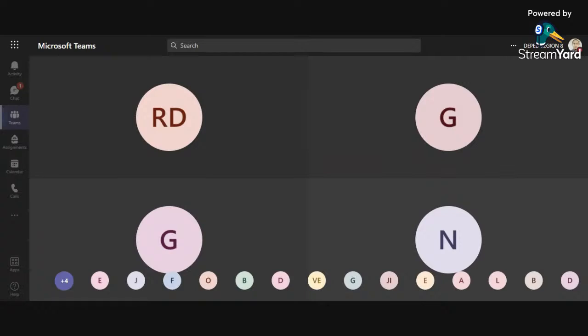Naka-screenshot na? Okay, how about the frequency? Okay, frequency is equals to, sa equation?